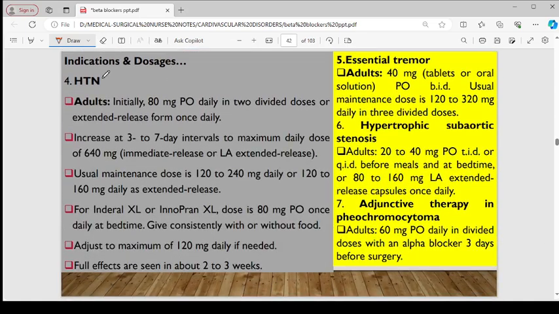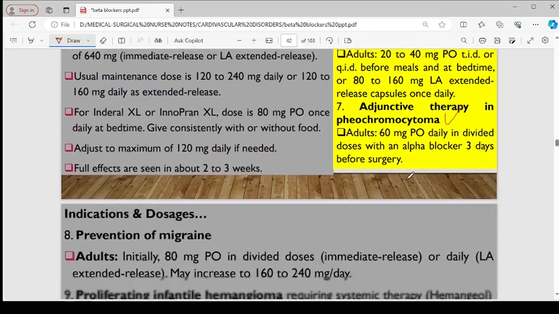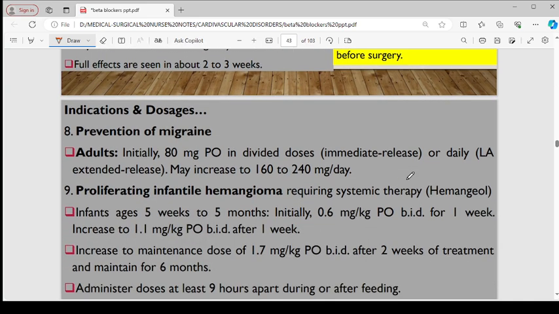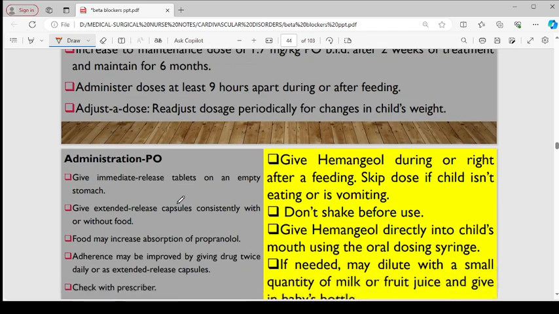We have already mentioned hypertension, and sometimes essential tremors and hypertrophic subaortic stenosis, and also as an adjunctive therapy in patients with tumor of the renal medulla, right? Okay, fine. We can also use it to prevent migraine and some proliferating infantile hemangiomas.